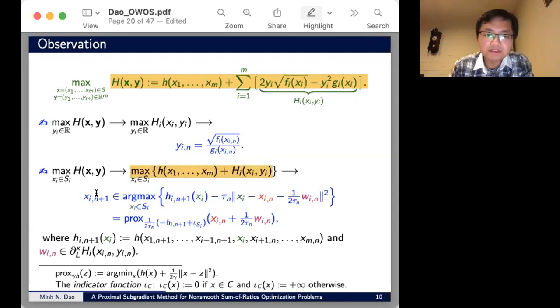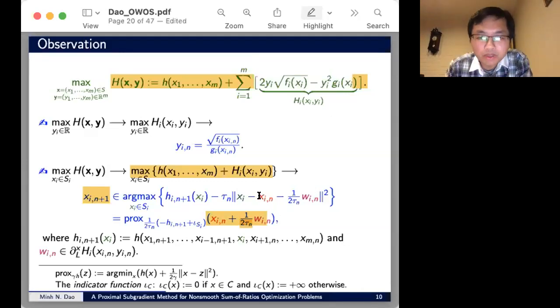And here we obtain that the next iterate xi is actually the proximal operator of some function at this point. Here wn is a subgradient of function hi here. Si is defined by this. Okay.